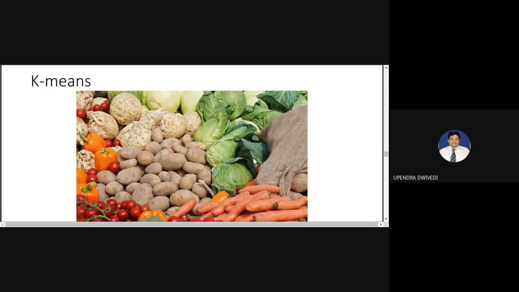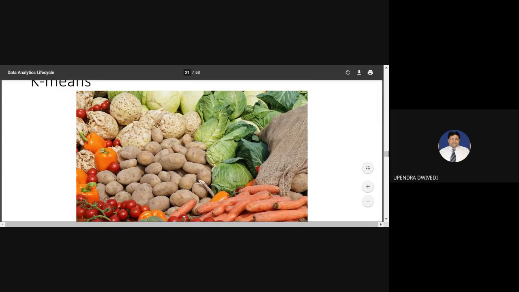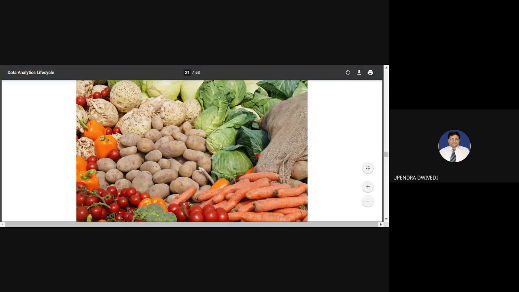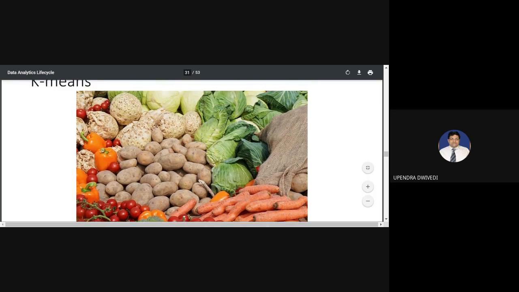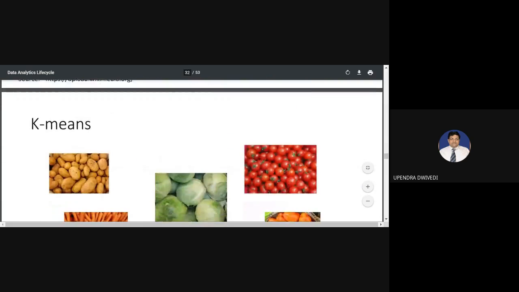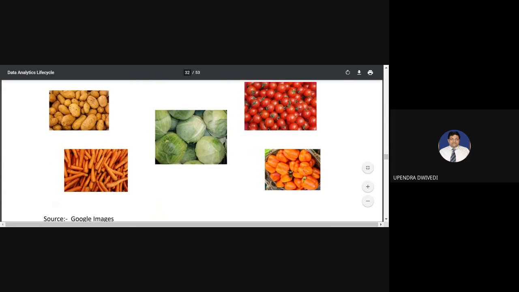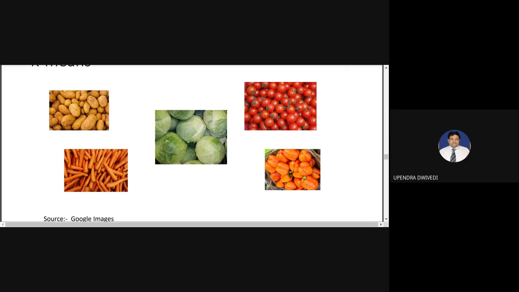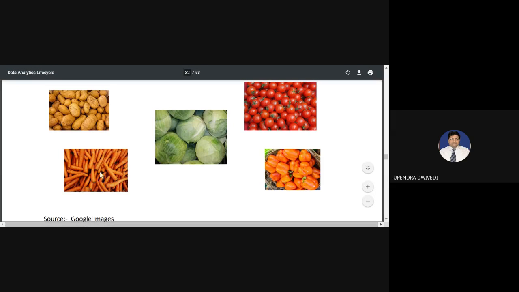Okay, so let us discuss k-means, a common example of a clustering method. If you go through this picture, you will identify that it represents various vegetables. What k-means does is identify similar objects and put them into different clusters. So whatever your object is, that object is partitioned into different groups.